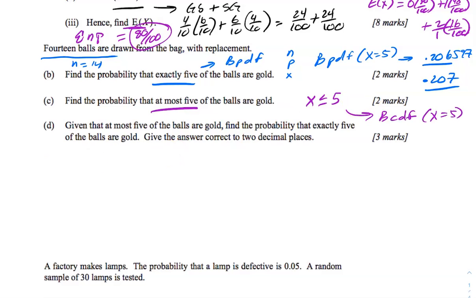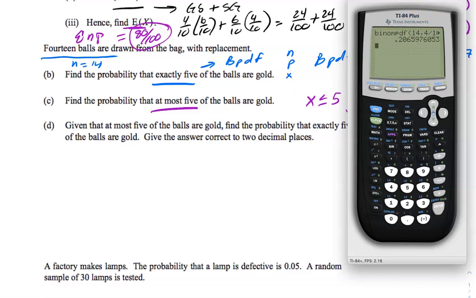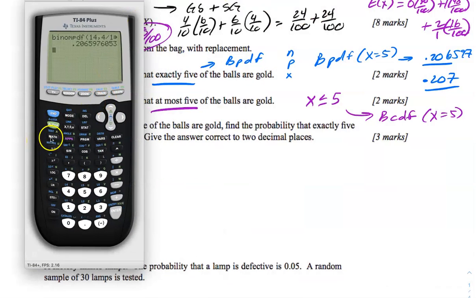So just put that in our calculator. We're going to go second distributions, binomial CDF, and then everything's the same. 14, 4 out of 10, or 0.4, and I want 5 again, at most 5. So less than or equal to 5, which is what binomial wants.